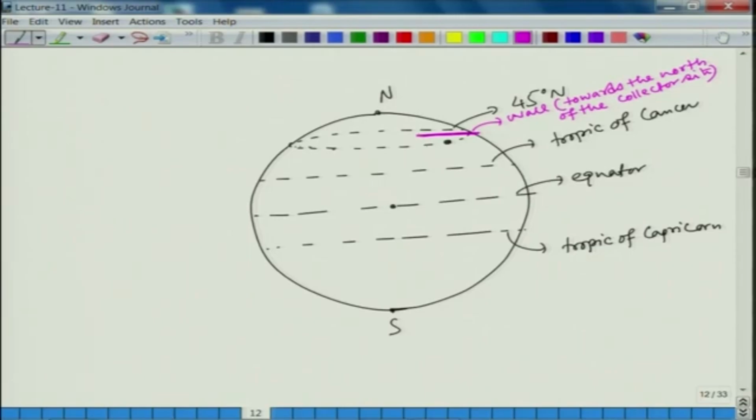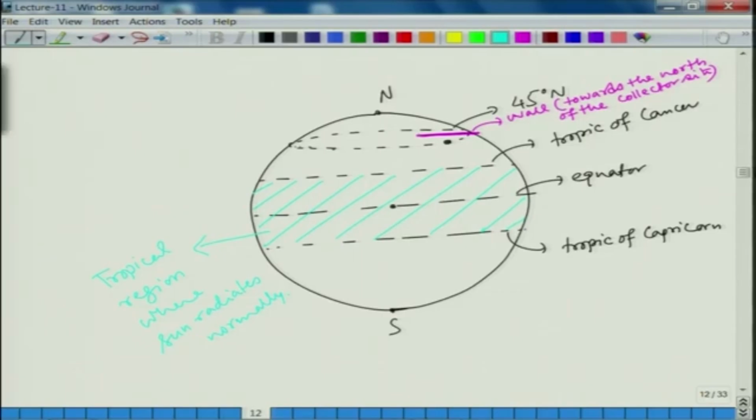So, by this figure what I want to show you is that the sun radiates normally only in this tropical region. Okay. So, for 45 degree north, the sun will always be towards the south, right.